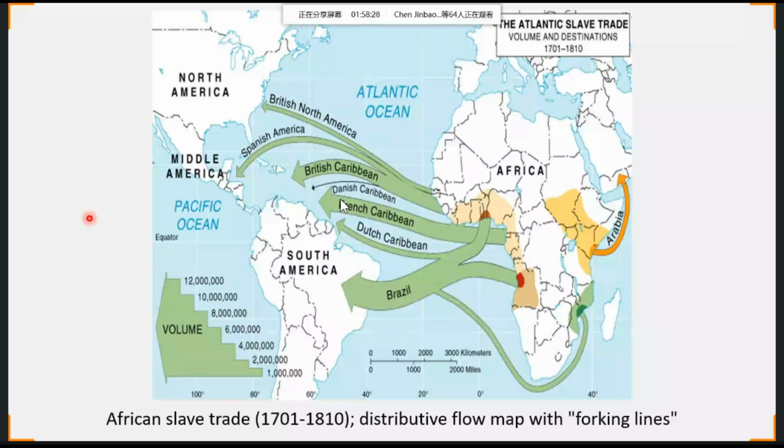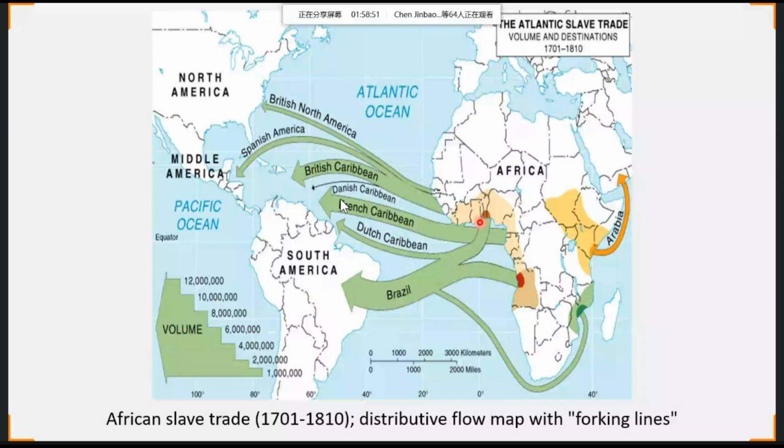And this is an example for these forking lines. So that means, there are divides, people coming from different areas. In this case, they unite in one arrow, but then they separate again because they're distributed to different places.